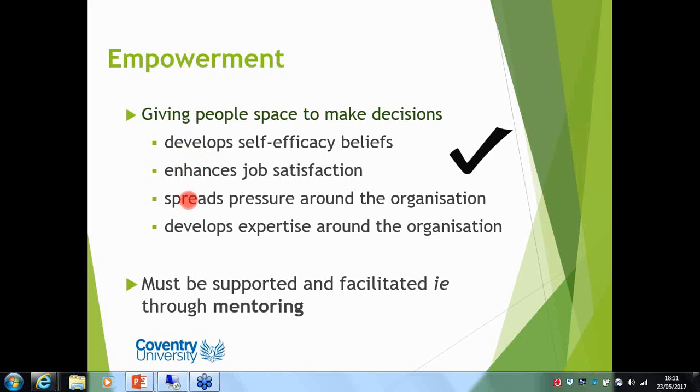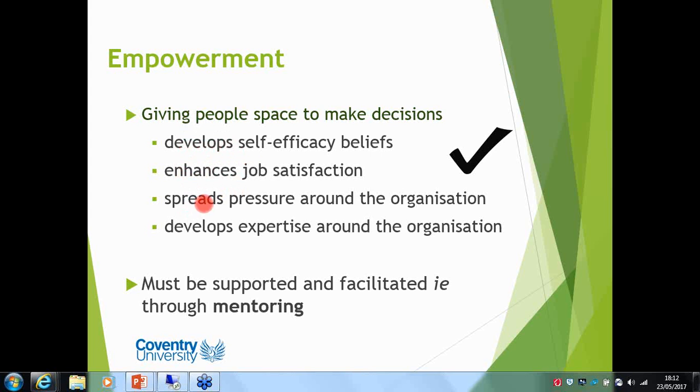But again, spreading pressure around the organisation, spreading expertise around the organisation means that everybody potentially has enhanced job satisfaction and also develops self-efficacy beliefs. And as I said, it's not just me talking from a theoretical point of view.